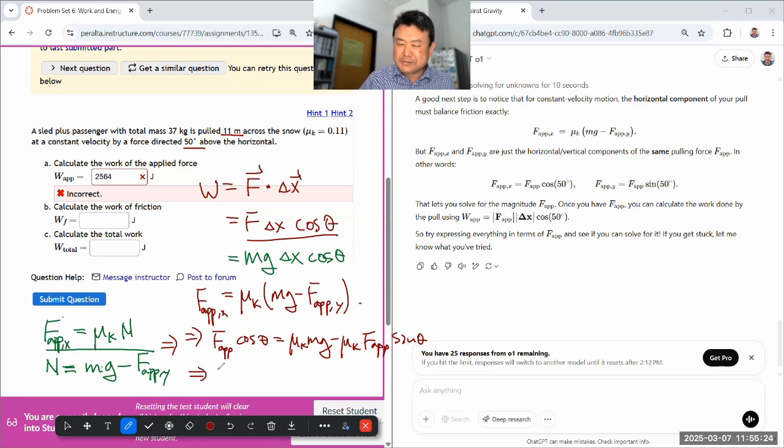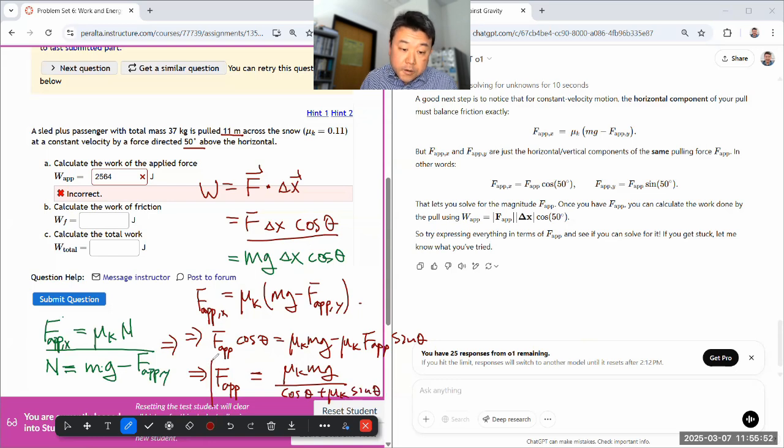You should really write things down. It helps you develop your algebra skill. And once you've built up your algebra skill, then you can still have a bad habit and have a correct answer. So doing my bad habit way, f applied is equal to mu k mg divided by cosine theta plus mu k sine theta.